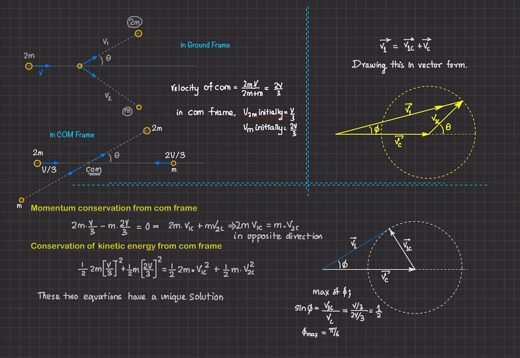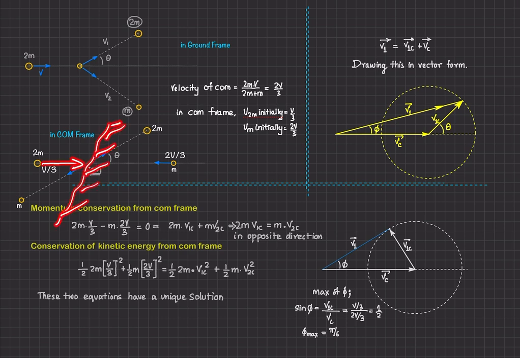Now we can see it in a different way. As the center of mass is not moving, I am treating it as a wall. Let's say 2m collides elastically, it must come back with the same speed. If it goes with v by 3, it should come back with v by 3 again. Elastic collision, right? Similarly, the m mass goes with 2v by 3 and it should also come back with 2v by 3, the same speed. But what if the wall is not this way? Imagine if the wall is a little bit inclined, then what would happen?